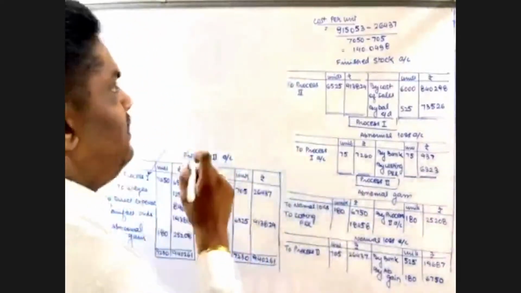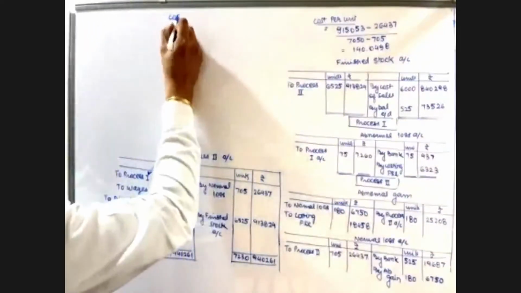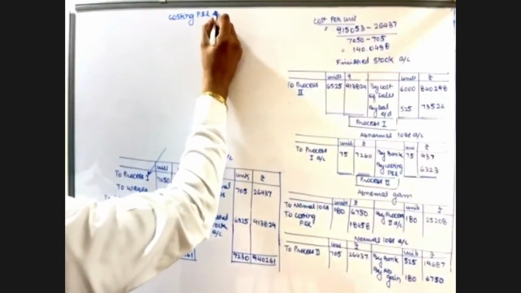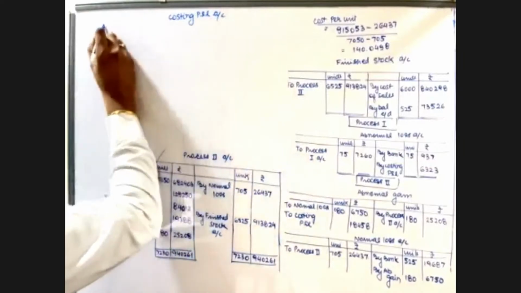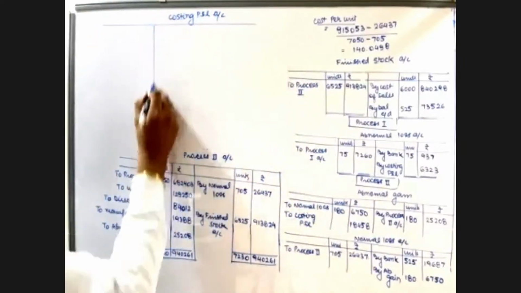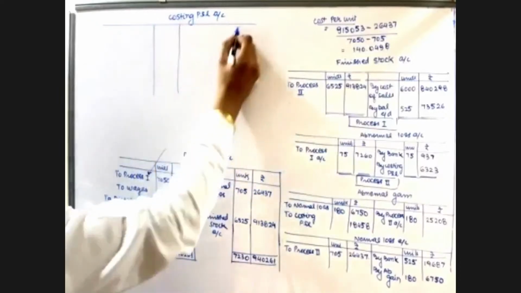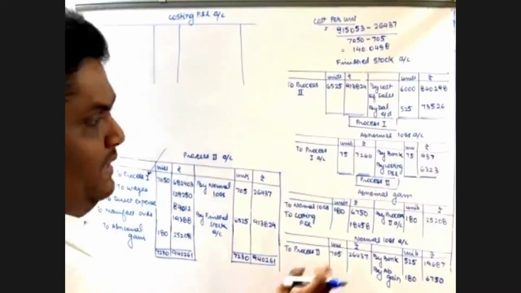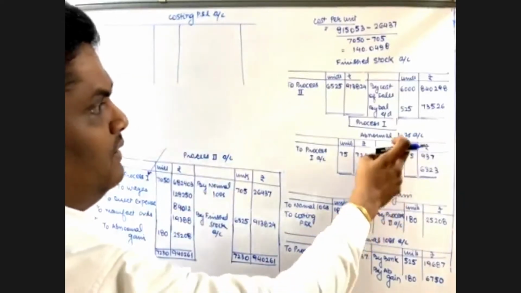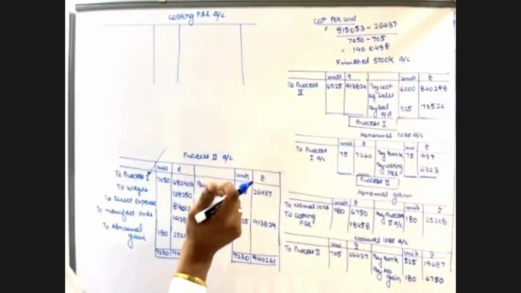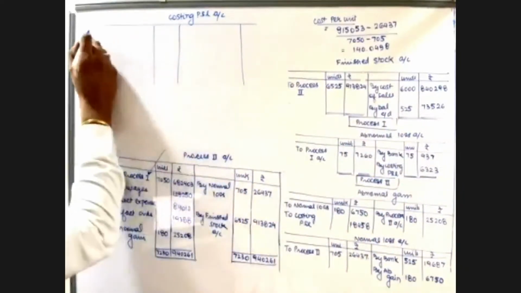So now let's prepare costing P&L account. See, we will transfer the cost of sales, that is 6,000 units were sold and 840298 is the cost of sales.